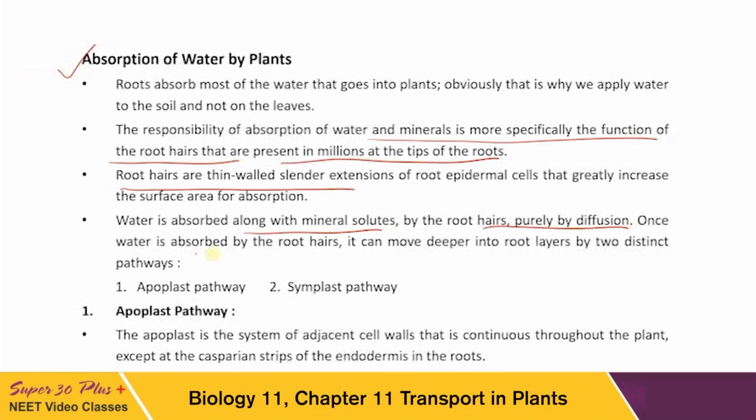Once the water is absorbed by the root hair, it will move to the deeper layers in two distinct pathways, one is the apoplast, one is the symplast. Apoplast is the system of adjacent cell walls that is continuous throughout the plant except for the Casparian strips of the endodermis in the root.